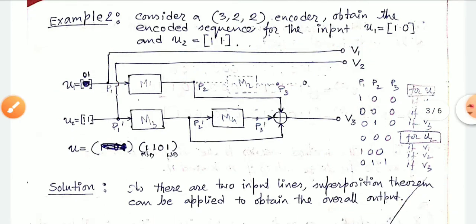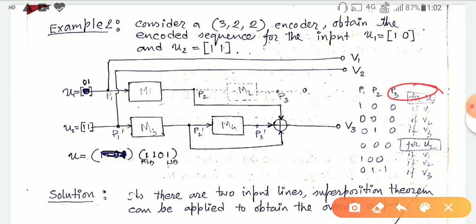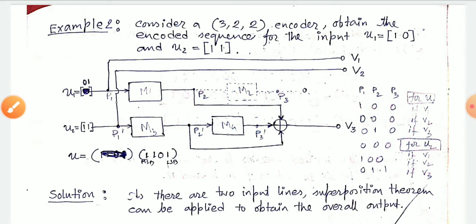In the same way for U1, if you consider the output V2, it depends on P1 dash, and that is inactive. So each and every element, P1 P2 P3, is not connected here to get the result of V2, so each and every element for P1 P2 P3 will be 0.